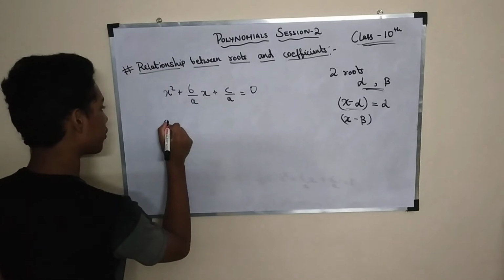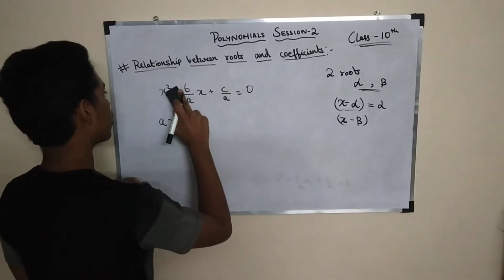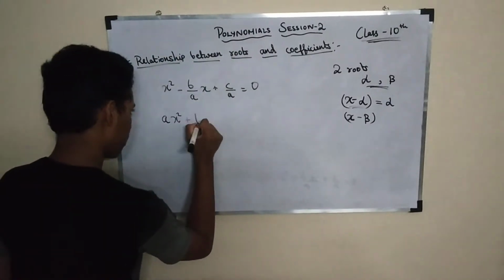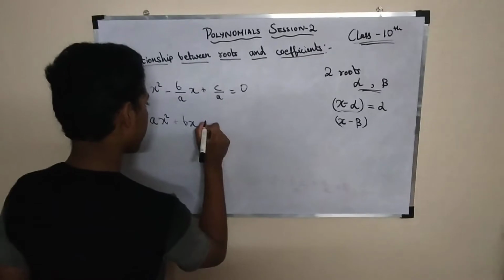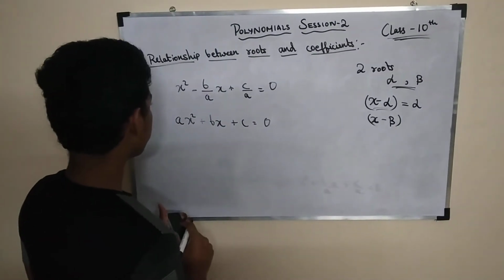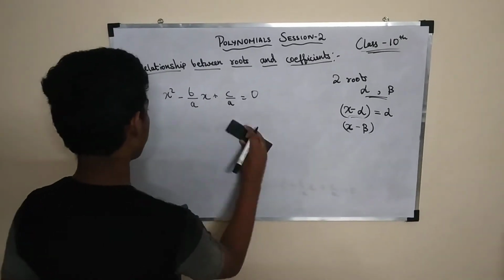And according to the first one, we got x square plus bx plus c is also equal to 0. Sorry, this is the equation which we got.